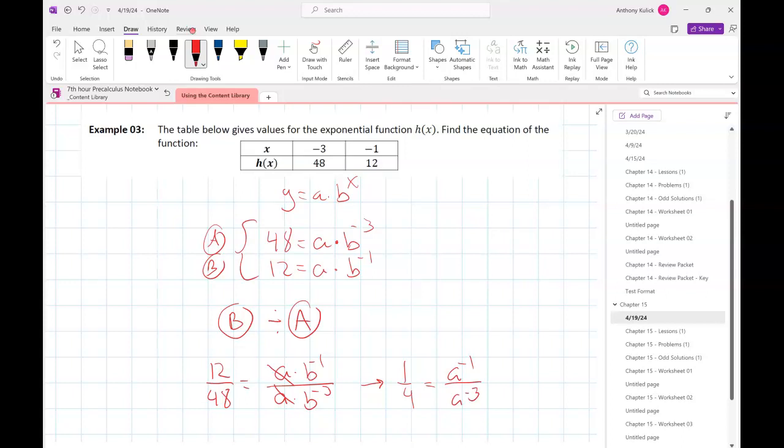But how do I simplify b to the -1 over b to the -3? Does anybody remember how to do that? Yeah, that's the rule. You subtract the exponents. So what is -1 minus -3? 2, right?